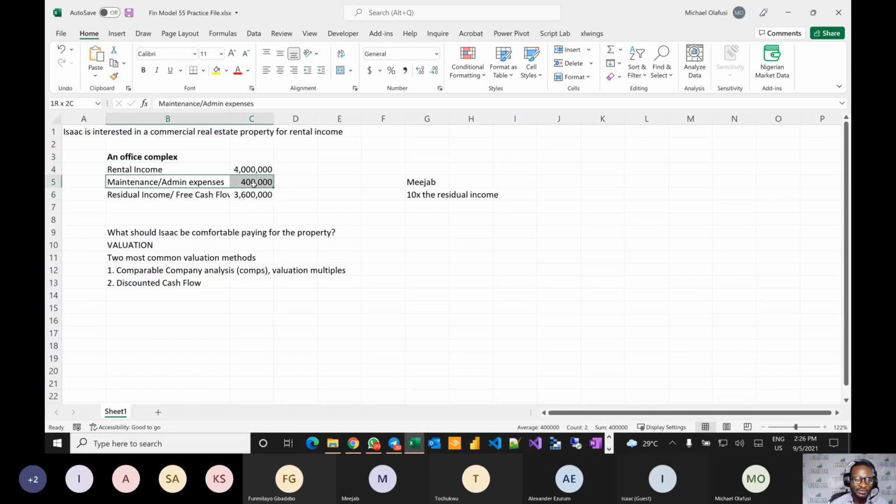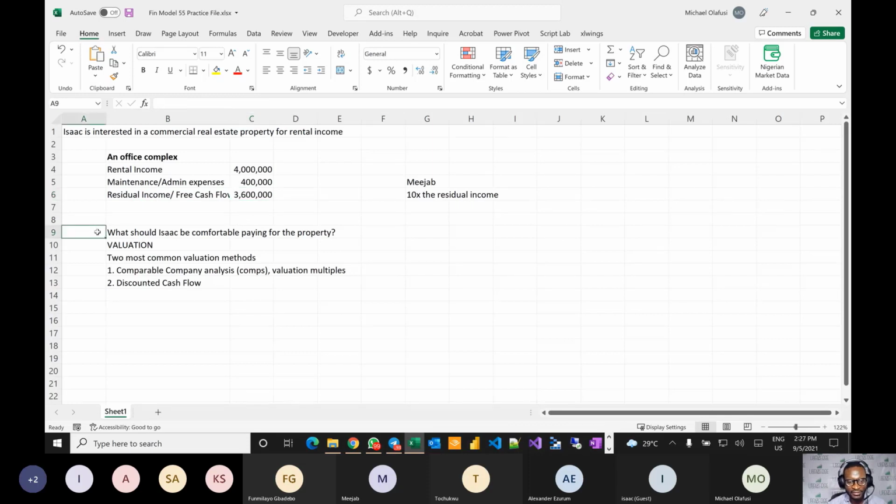He's going to be paying some property tax, do some admin expenses, not so much, but 400K. So every year he's going to have like a residual income, something that is completely his own, that he is not going to have to take from to pay for anything else. That is 3.6 million.